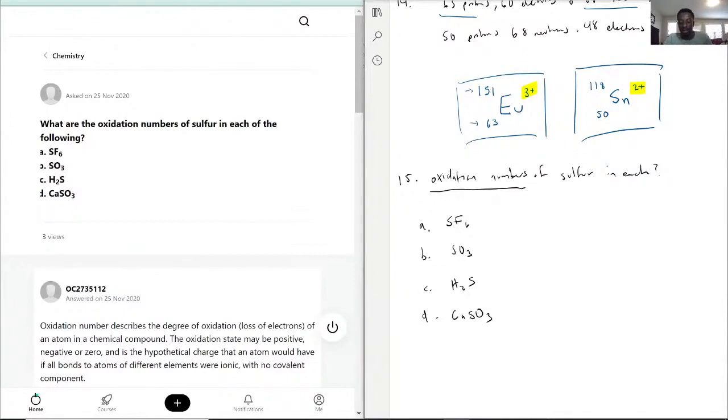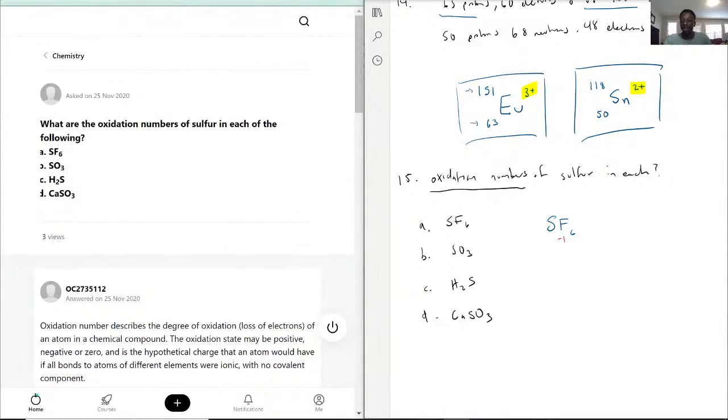Okay, so now for this, the way we find the oxidation numbers is, when we're working with each one, I'm actually going to write it here on the side, SF6. Halogens typically, and there are maybe a few exceptions here and there, have an oxidation number of -1.